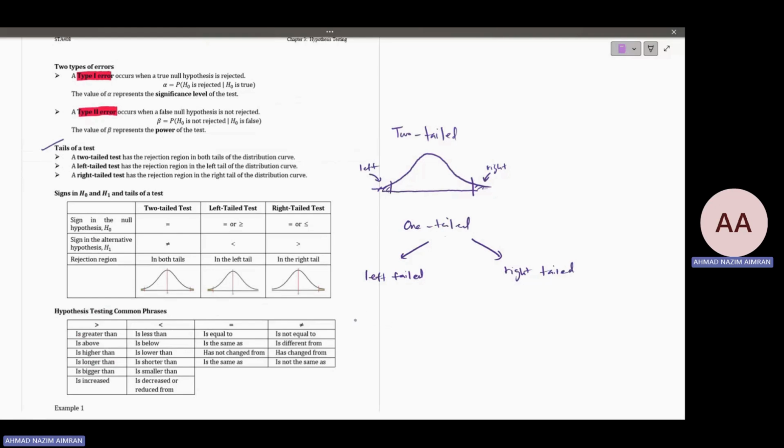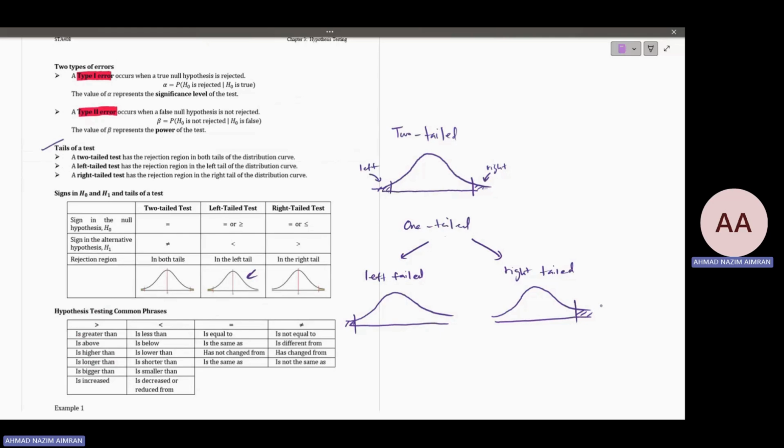For the left tail test, we are testing our hypothesis at the left side of the distribution here. And the right tail test is when we are testing the hypothesis on the right side of the distribution.